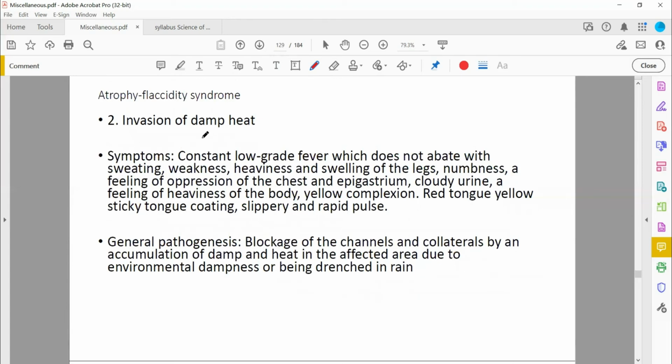The second one, because of the invasion of damp heat. Symptoms: constant low-grade fever, which doesn't abate with sweating.